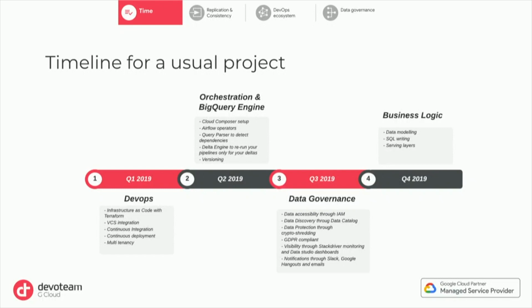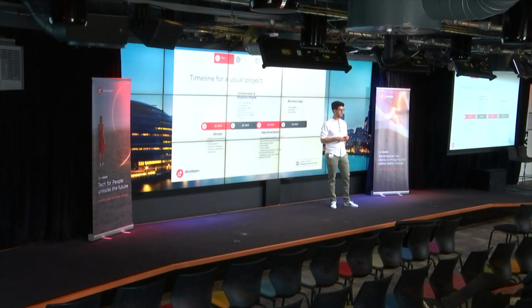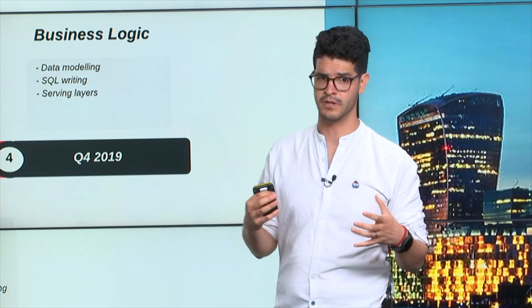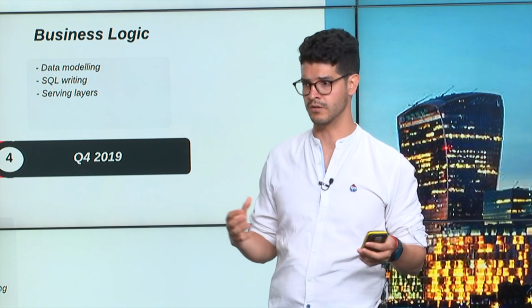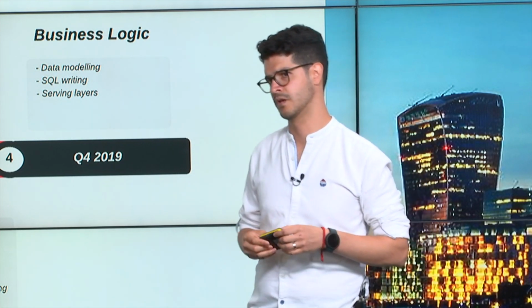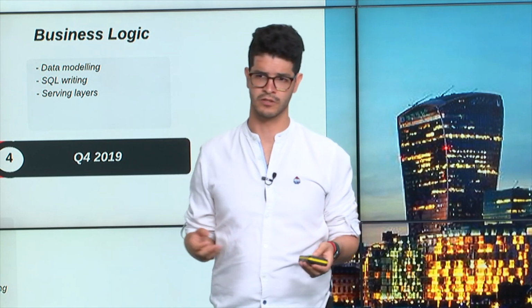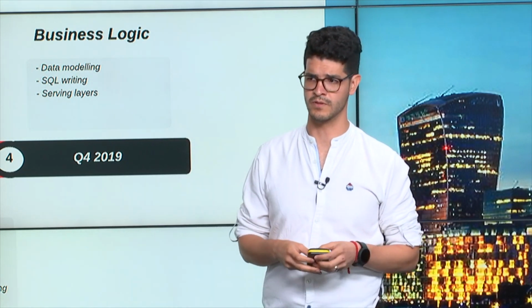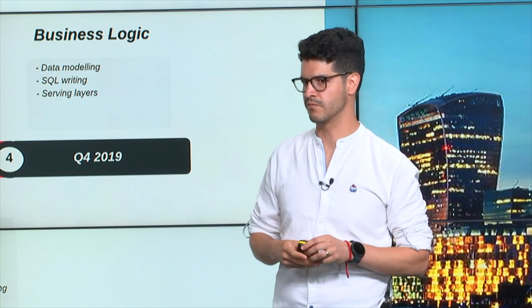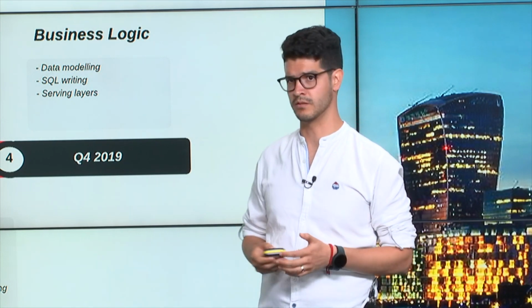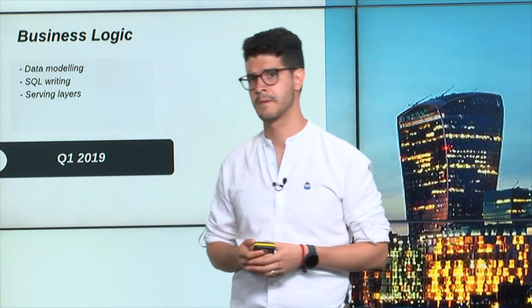Then in Q3, PII tagging might come in to be GDPR compliant, and you start adding some IAM on top of your data. And finally in Q4, there is the business logic, what really matters to the business, what is really important for the company that you're working with.